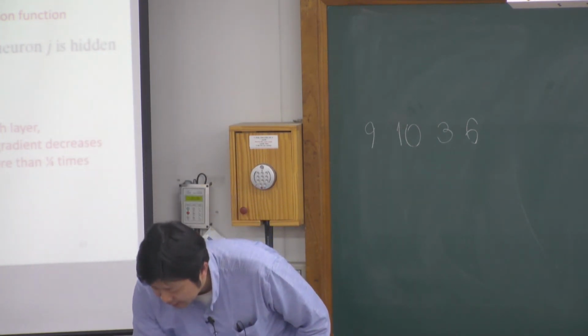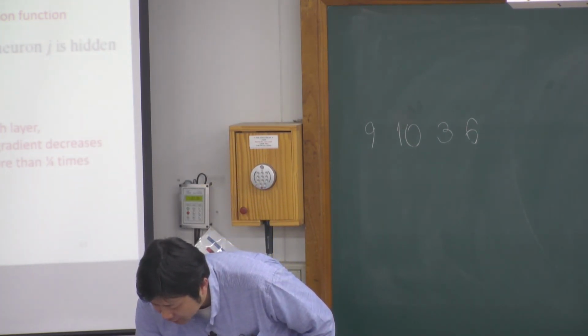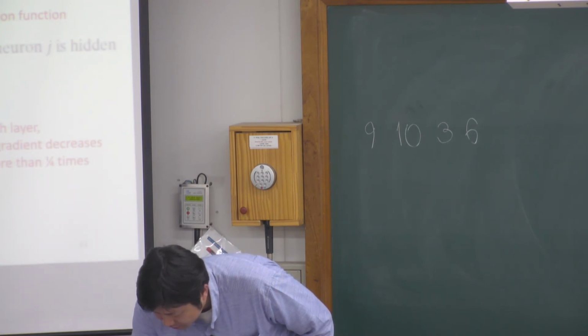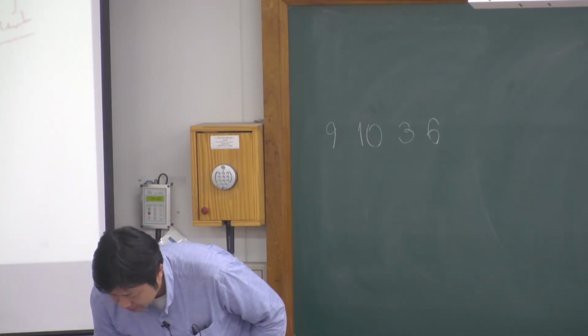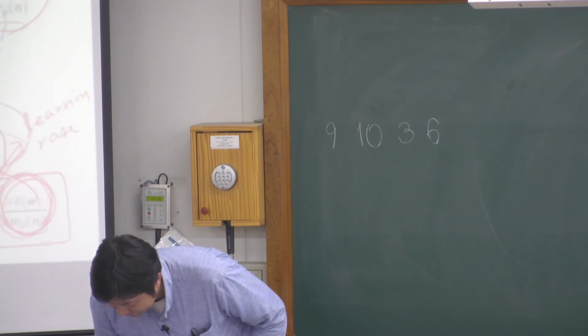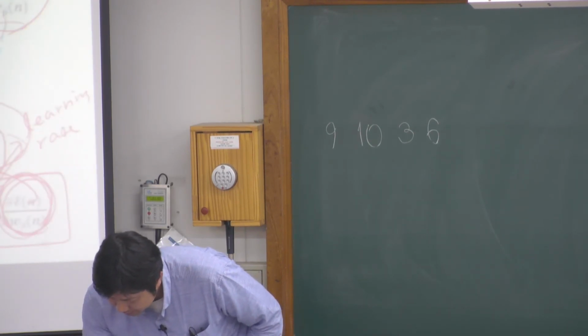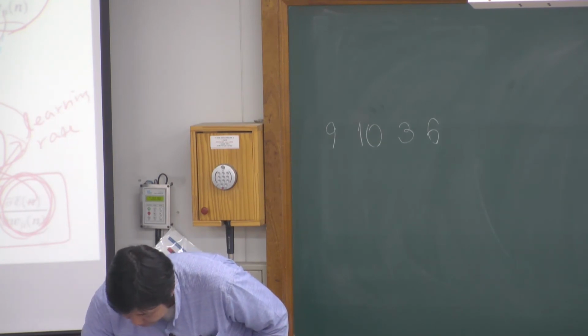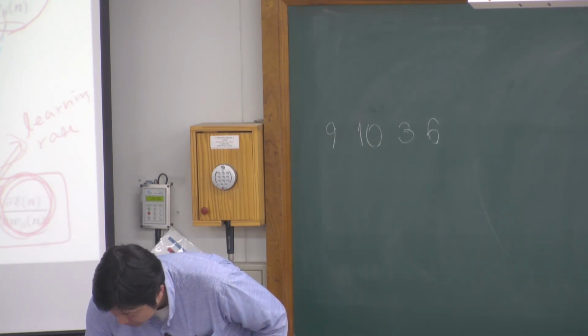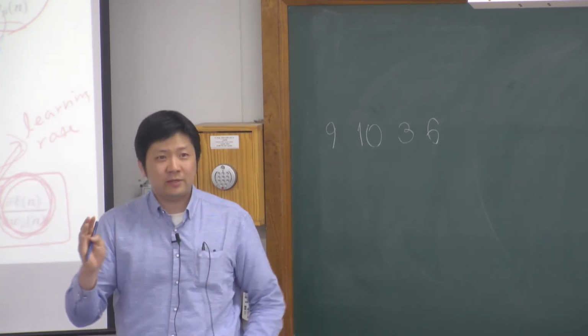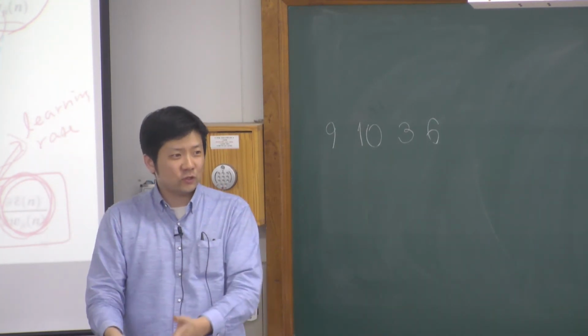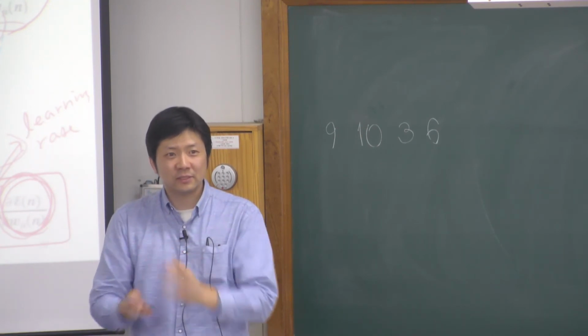So here, if you see, by the way, this is called a local gradient. Let's see this first. If you remember this slide, this one is the amount of delta. Basically, this determines how much we have to correct each weight, right?